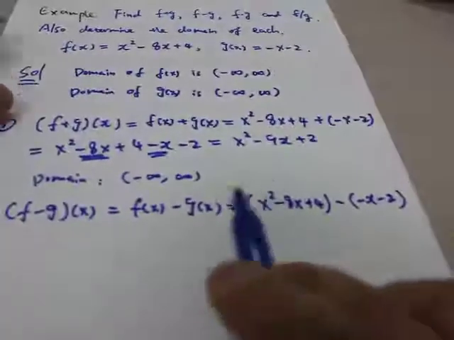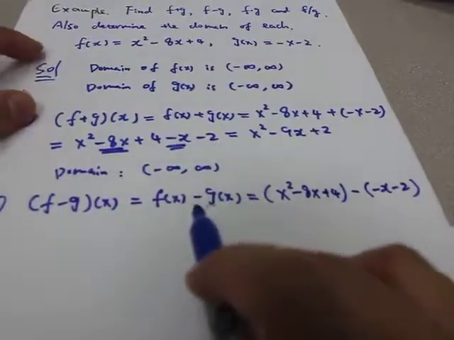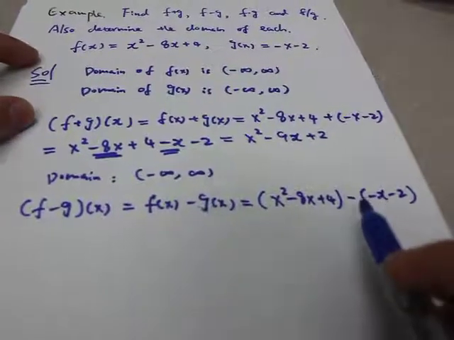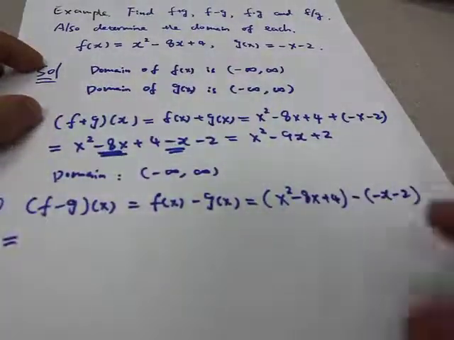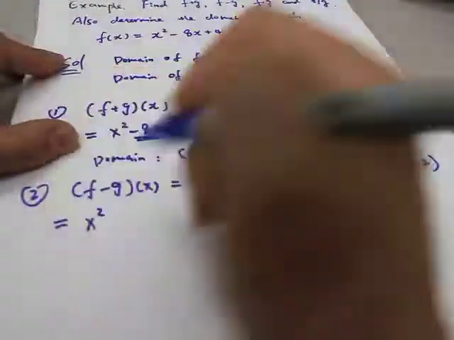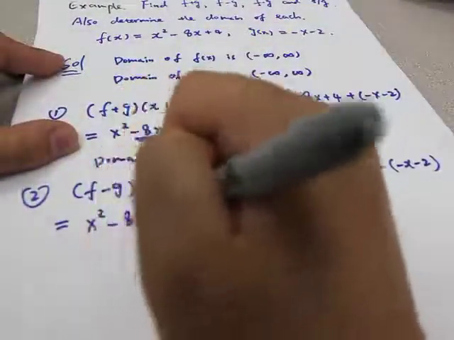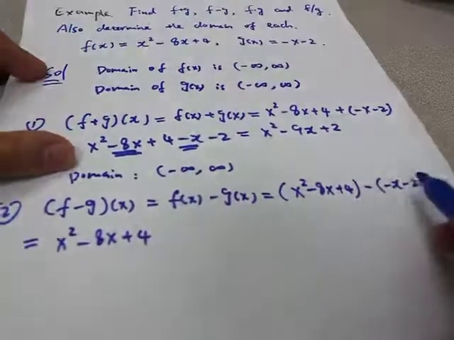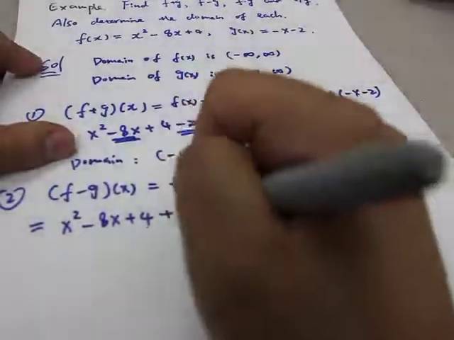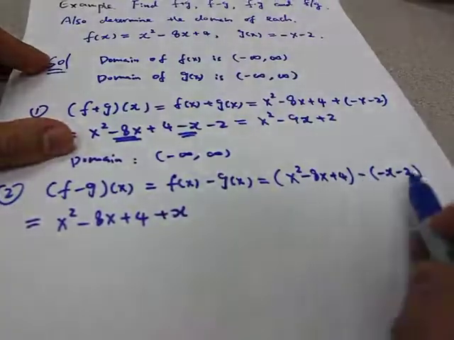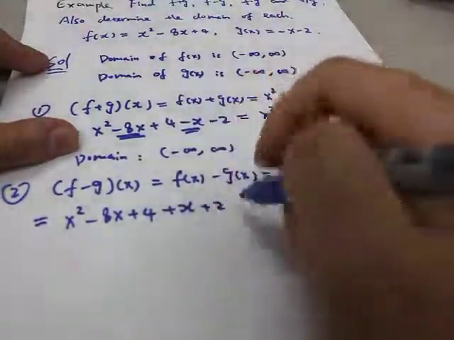Now, please be careful when you are looking for the difference, because since we are involved a negative sign, make sure to remember to change the sign after you remove the parentheses. Now, after we remove the parentheses, minus negative x becomes plus x, and minus negative 2 becomes plus 2.